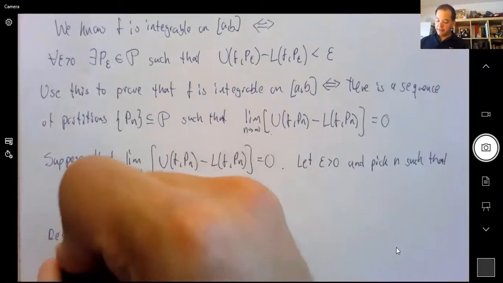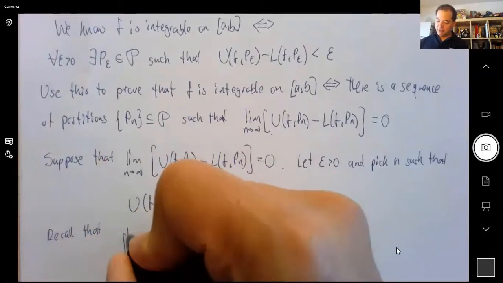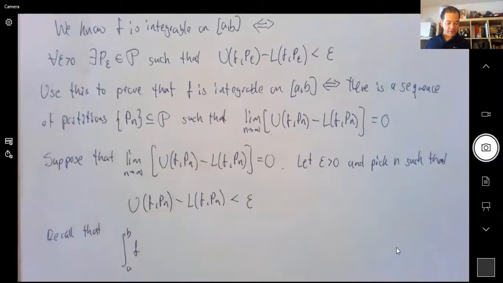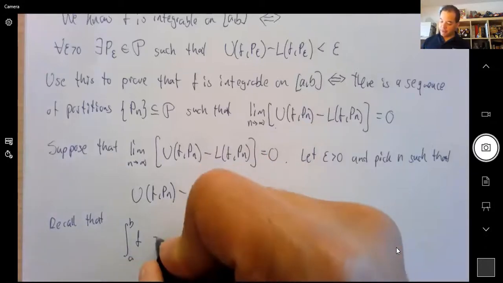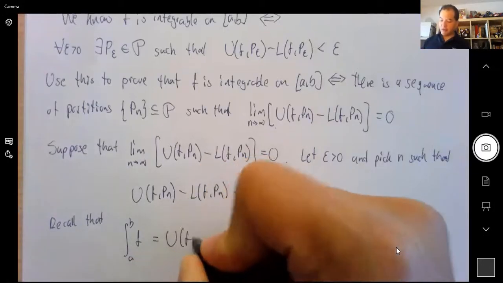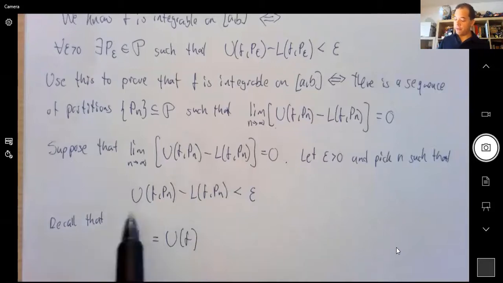See, here we go. So the value of the integral that we want, remember what this guy is. This guy is both the upper integral and the lower integral. So in this particular case, I'm going to use the upper integral. This is the U of f. Now let's remember what this stands for. U of f is the infimum of all of these guys.